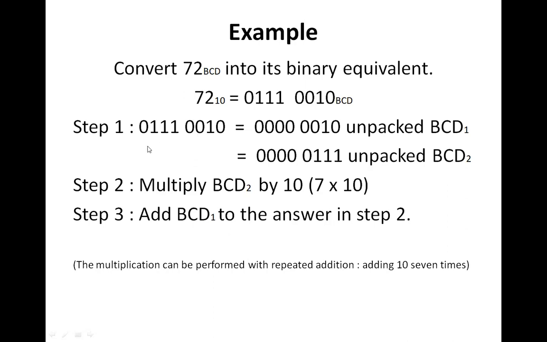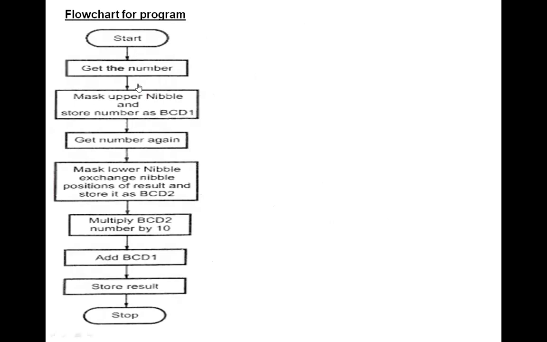After getting the result, we shift it 4 times so that it becomes 02 and 07. This 07 is multiplied by 10, meaning it is repetitively added 10 times so that it becomes 70. Then we add this 2 into that so that we get 72. In this way, we do the conversion program from BCD to binary.